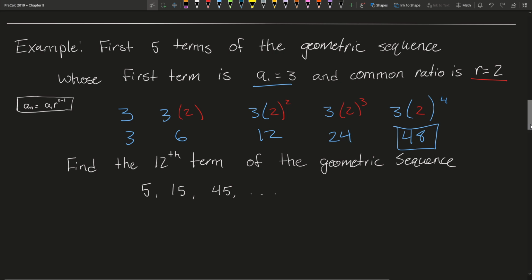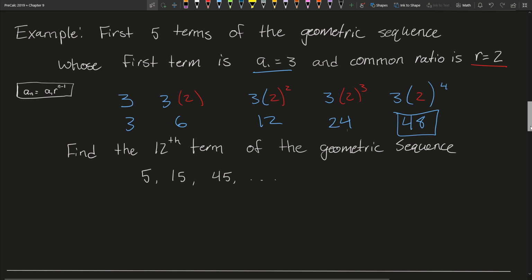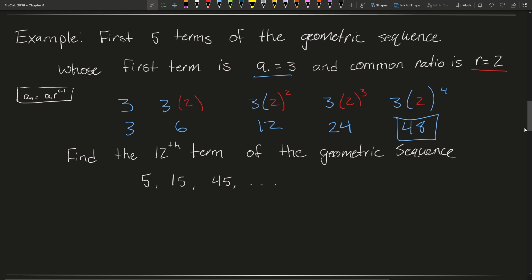Right, and pretty much like anything we've done in this class, we can be given different pieces of information. All right, so this second example says to find the 12th term of the geometric sequence given. All right, so it goes 5, 15, 45, and so on. Okay, so we have our A1.